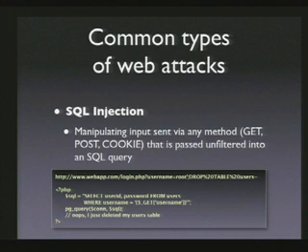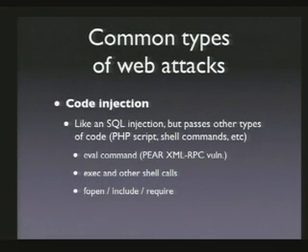Of cross-site scripting attacks. Code injections are basically like SQL injection, but you're passing some other type of code. That might be a PHP script that gets evaluated, shell commands, things like that. The eval command, the PEAR XML-RPC vulnerability, was an example of a case where people were able to pass PHP script that would get evaluated by the XML-RPC library and run.